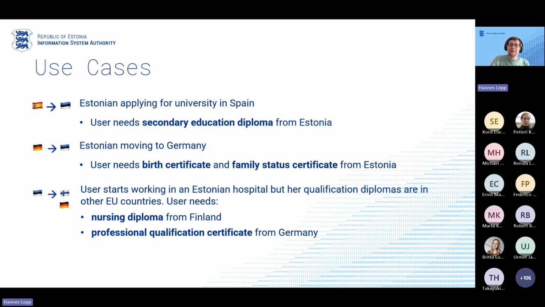So she needs to provide documents proving her professional work experience from other countries. This real-life situation can still create a significant administrative burden for our citizens and businesses.